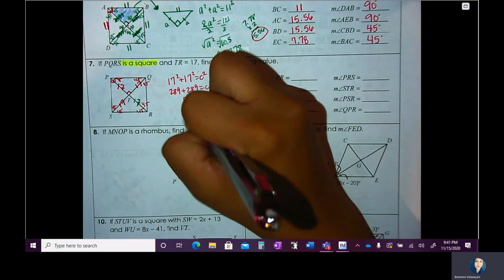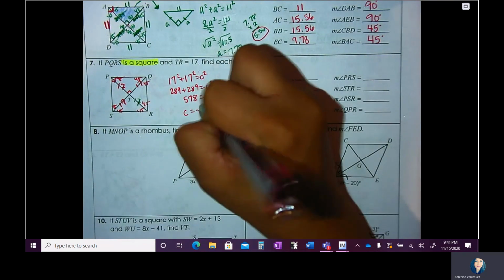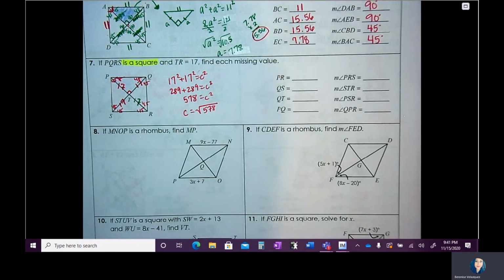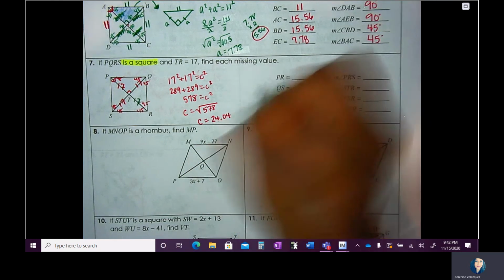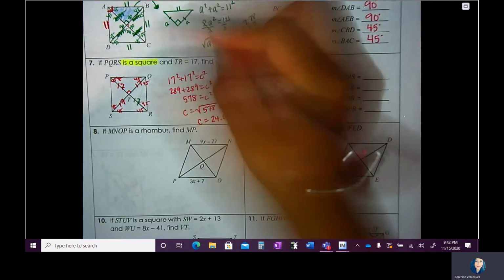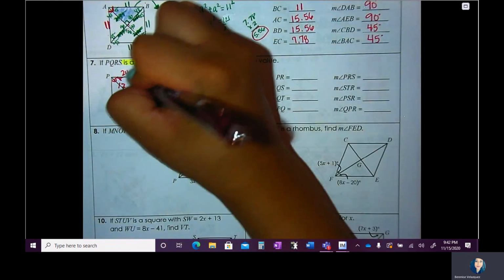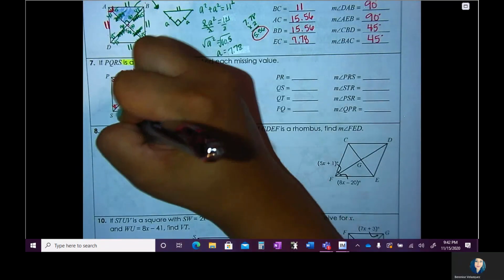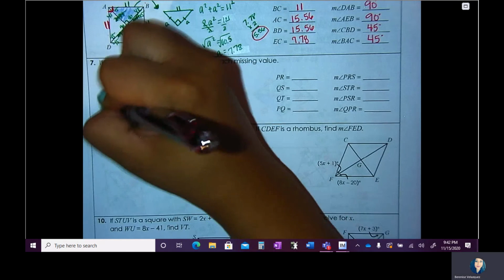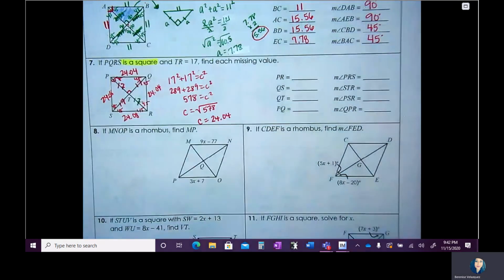Now I'm going to move this to the other side because I like to have everything on the other side. So the square root of 578. C is equal to about 24.04. Now this is the side. All of them are 24.04. This is not a diagonal, so we're not going to split this in half or double it.